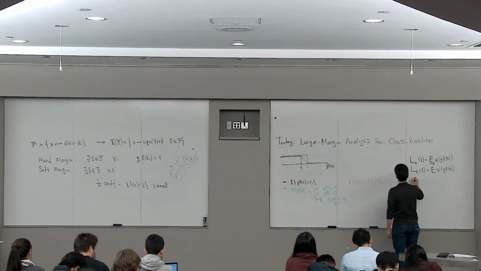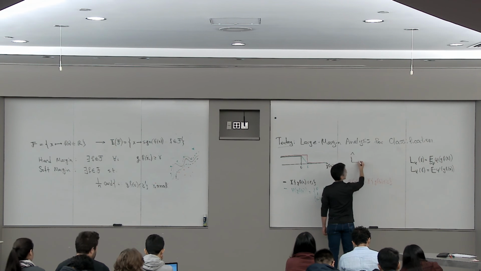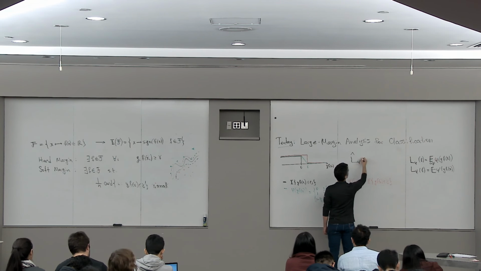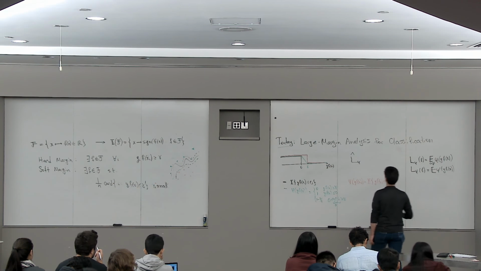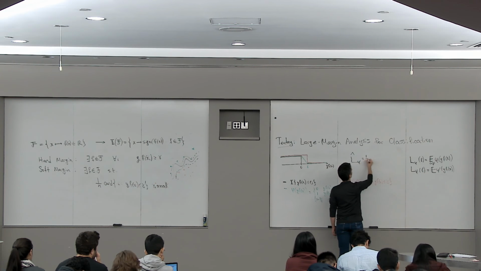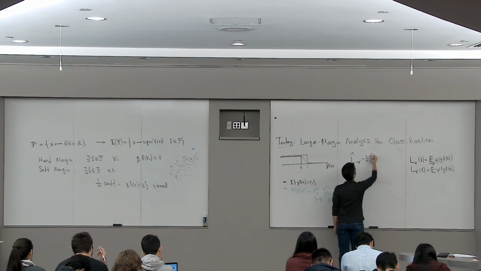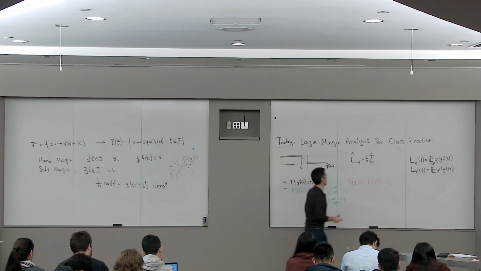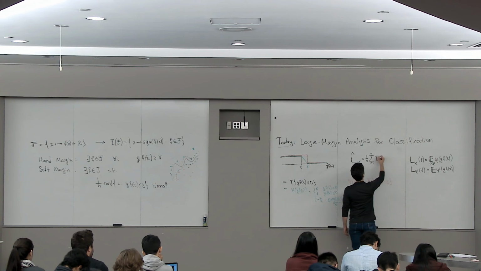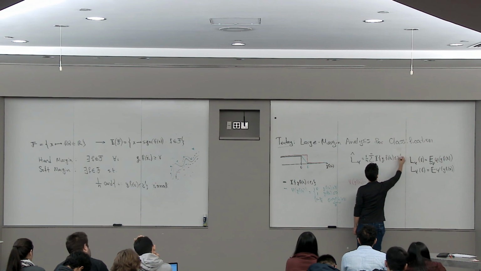And the empirical, let's say psi, is going to be 1 over n sum of, and actually let me write it out as an indicator that y_i f of x_i is less than gamma.